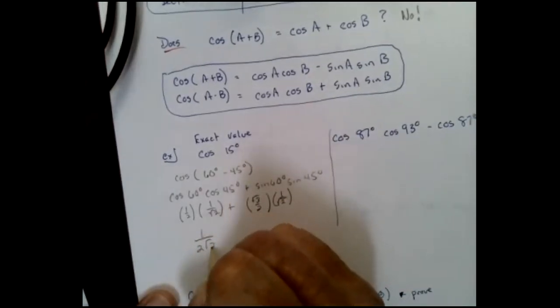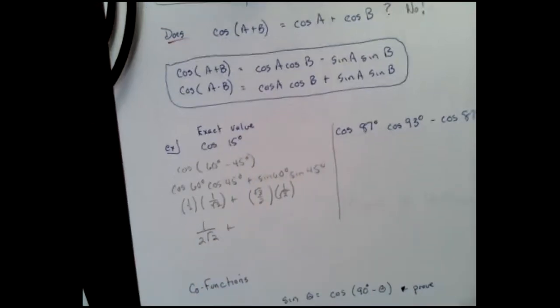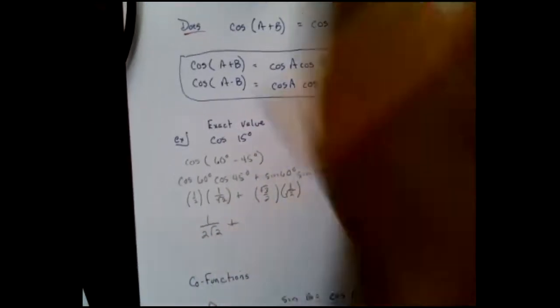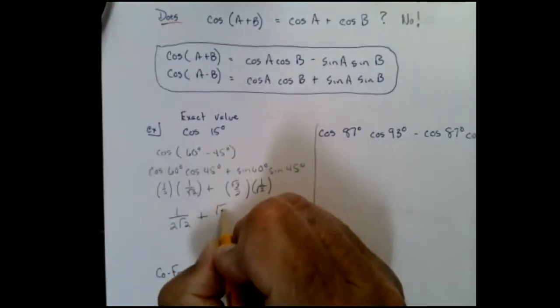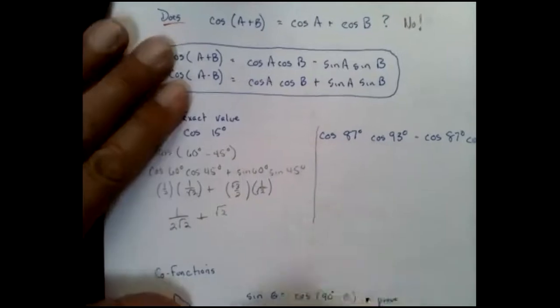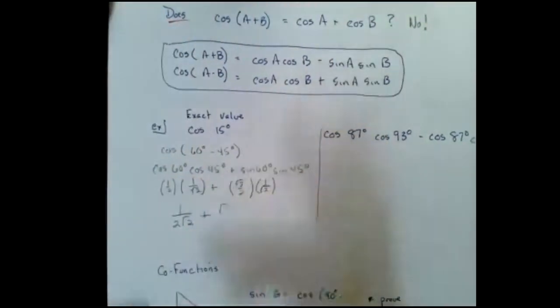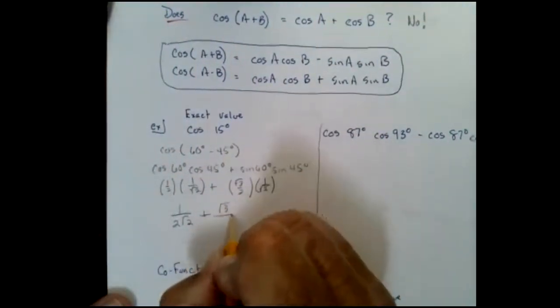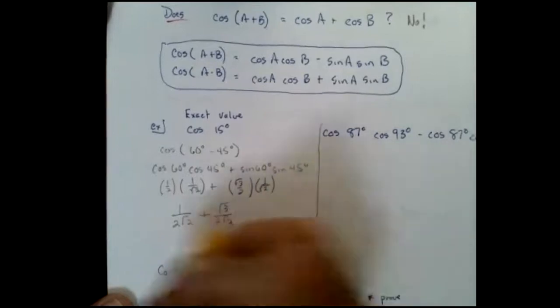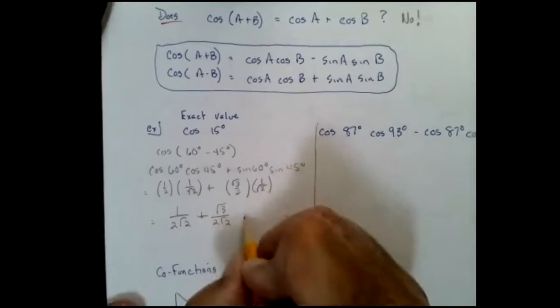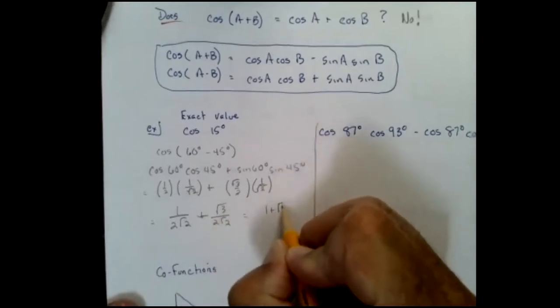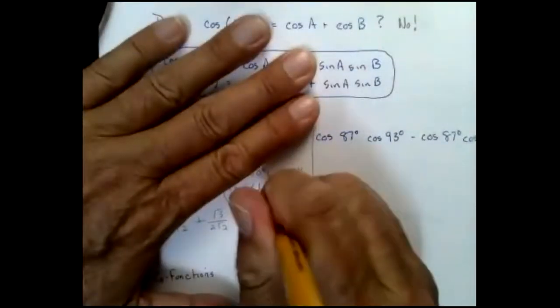One over 2 square root of 2 plus square root of 3 over 2 square root of 2. Let's rationalize those first.